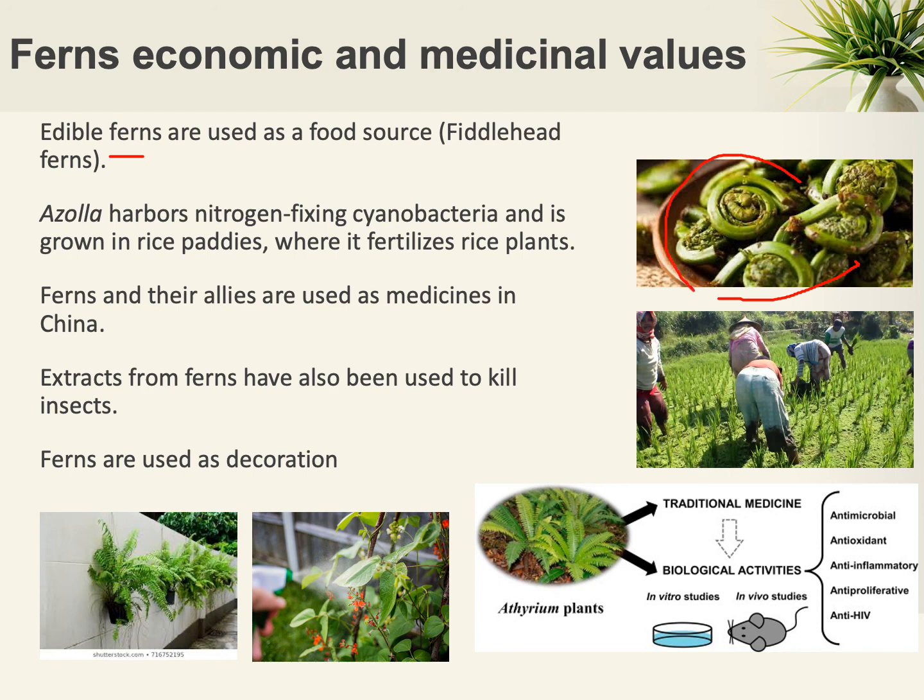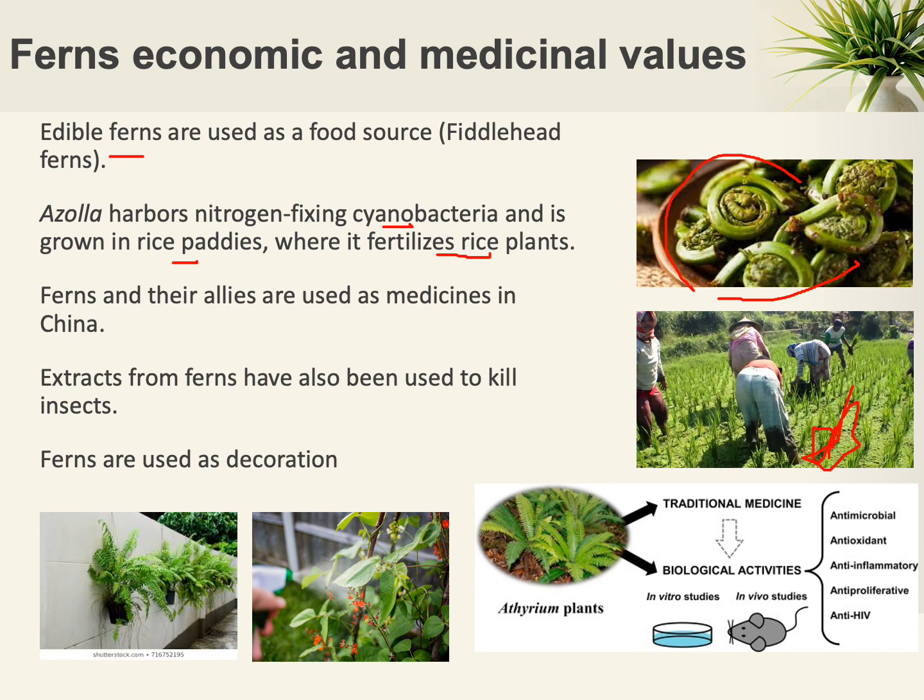Next we have Azolla, which hosts nitrogen-fixing cyanobacteria, and it's grown in rice paddies where it fertilizes the rice plants. Here is the rice plant, and the green one underneath is Azolla fern. They help facilitate nitrogen fixing with the cyanobacteria, so the rice grows faster.